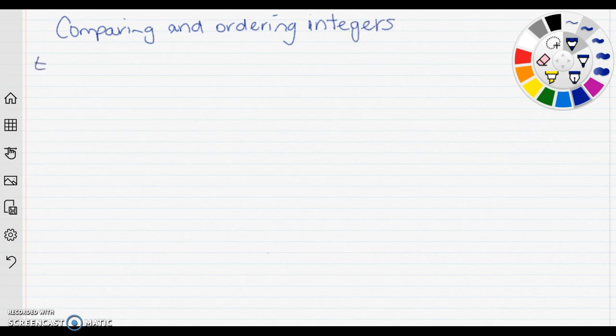All right, we always start with an essential question. This is the purpose of what we're learning today. Okay, and what we're learning is how to compare and order integers.